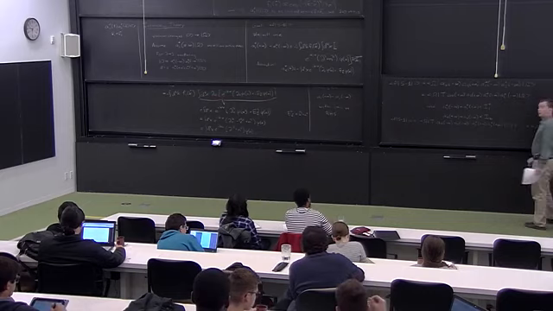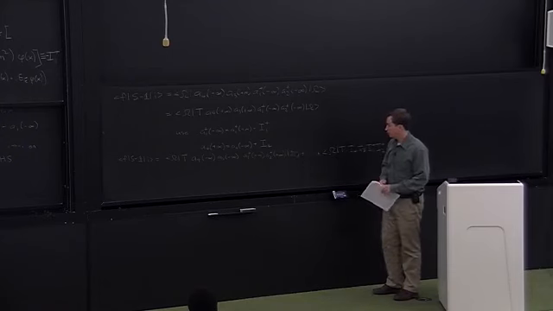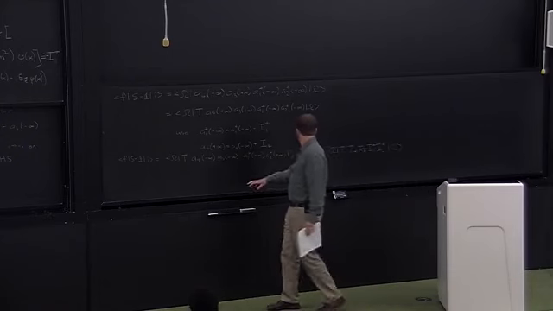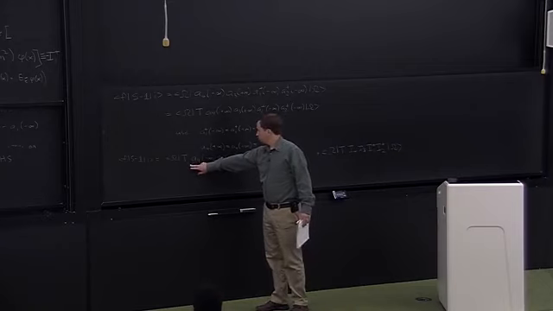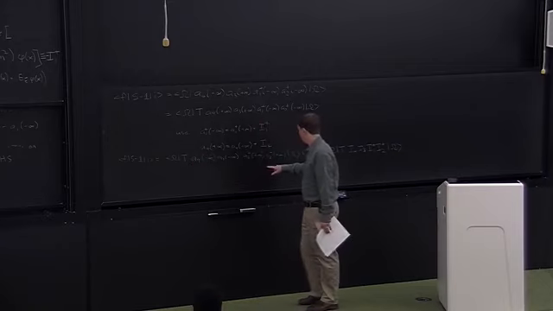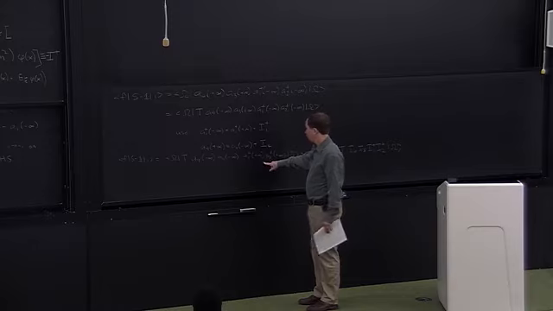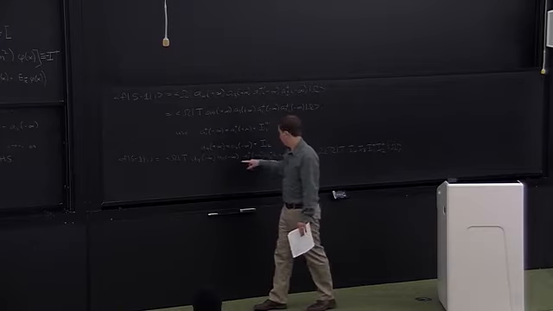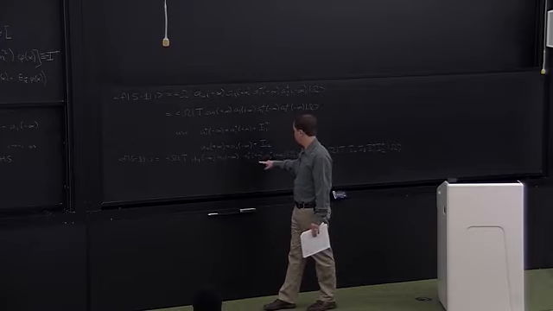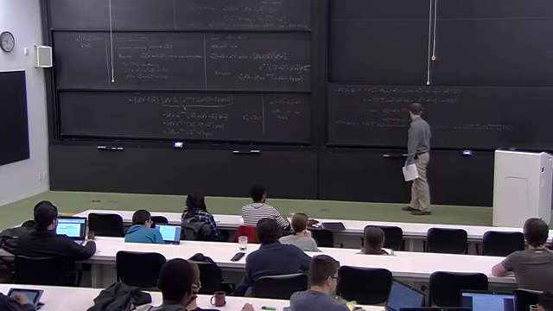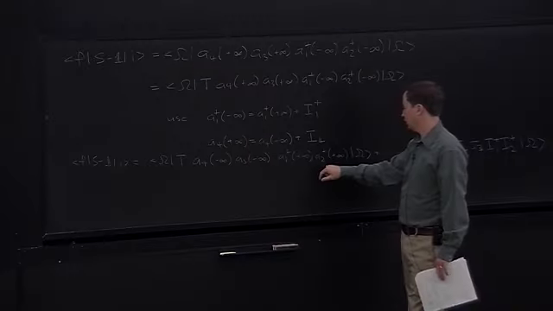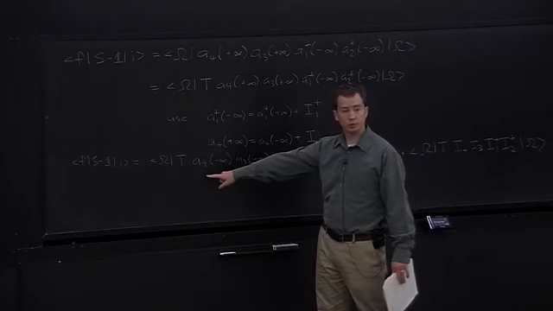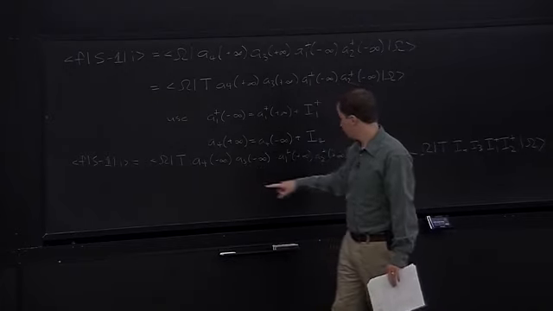Okay, so let's look at what we have here. Because of the time ordering symbol, this term is equal to, well, we should order all the operators so that A1 and A2 dagger are to the left, because these are at later times.